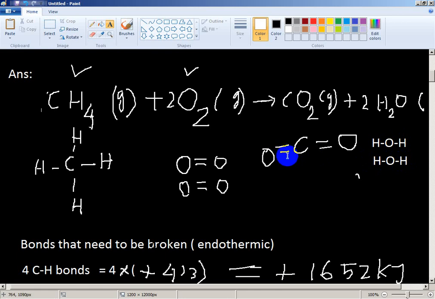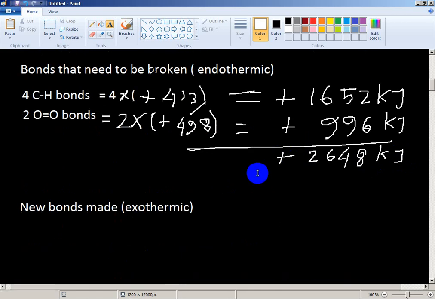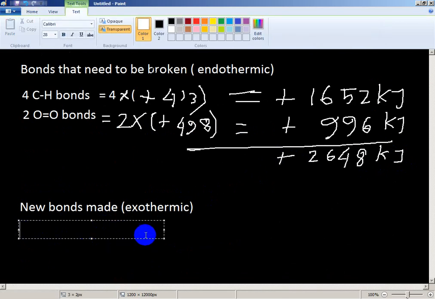Carbon oxygen bond is 2 bonds. So I am at first writing 2 carbon oxygen bonds, double bonds. So here I write 2.